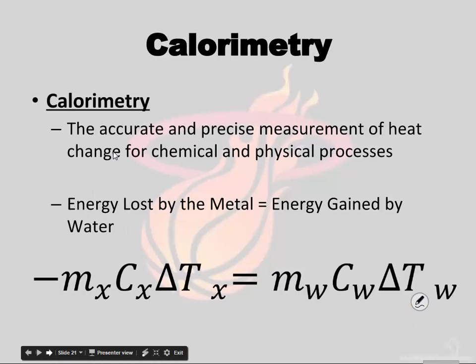And that process is called calorimetry. So it's an accurate and precise way to measure how much heat is given off in a reaction. And so if we remember, the amount of energy lost by our metal, so the Q, mc delta T for our metal, is going to equal the energy gained by our water we put it into, so mc delta T for our water.